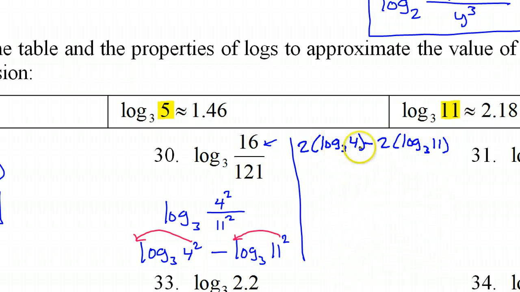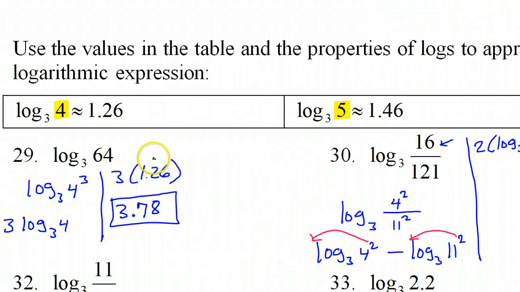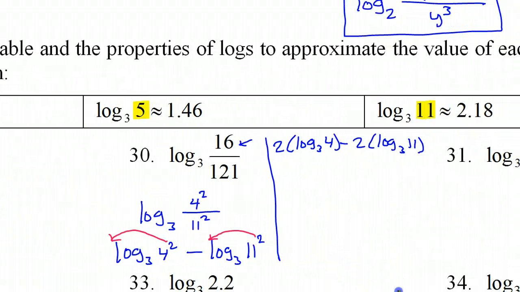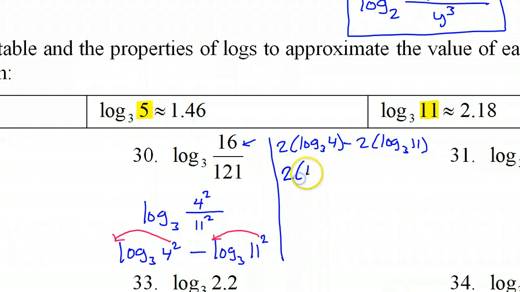Now both of these things we know the answer to. Log base 3 of 4 is 1.26. So this is 2 times 1.26. And this is 2.18.